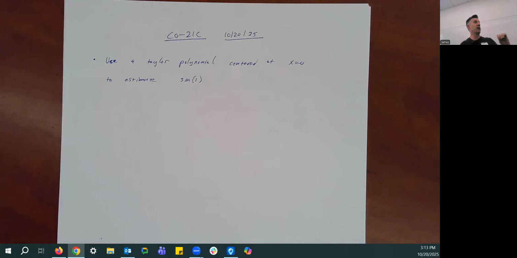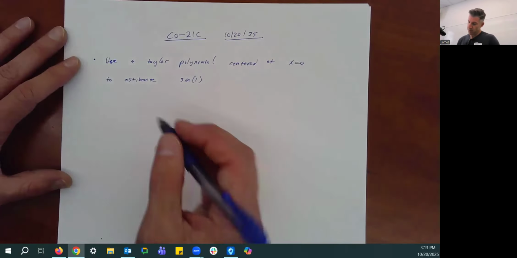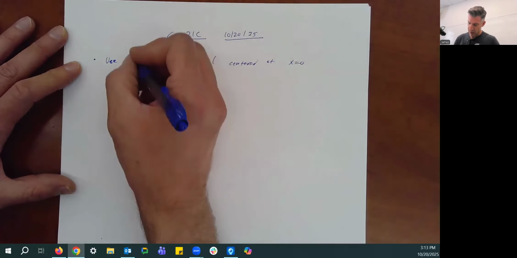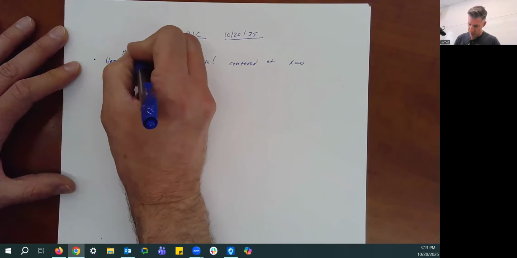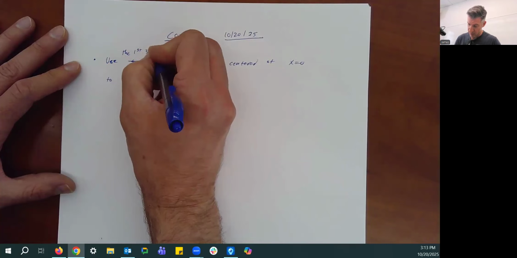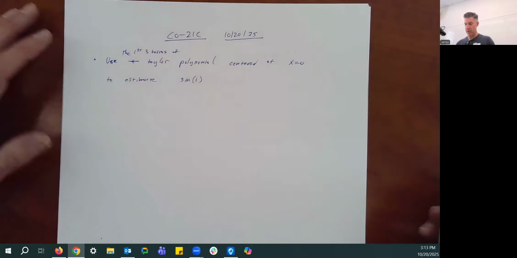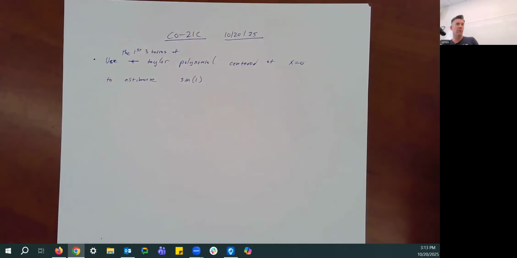Oh, so we're supposed to use the third. So use the third degree or the first three terms? Okay, so use the first three terms of a Taylor polynomial centered at x equals 0 to estimate sine of 1.